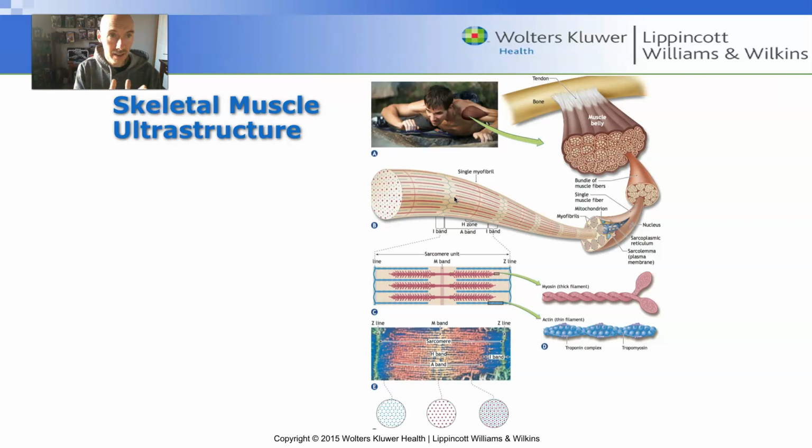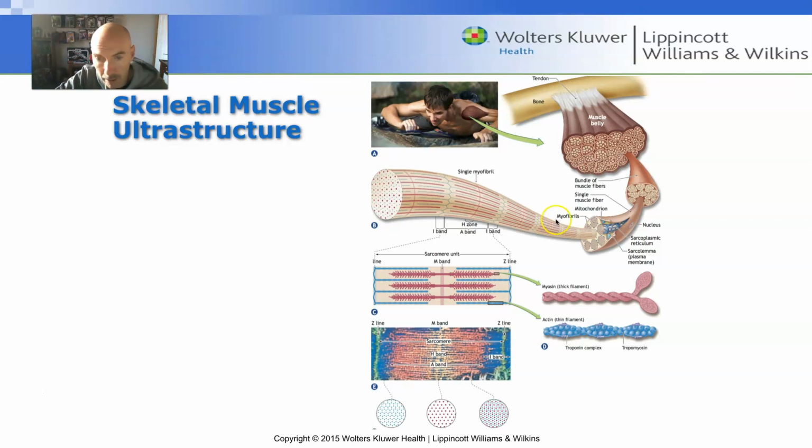So it is these sarcomeres that shorten and lengthen individually, but they also occur collectively as well. So all of these sarcomeres are going to shorten and lengthen at the same time. And when all of them shorten, the muscle, in the case of the bicep, would contract and produce movement. And when they all lengthen or relax, that allows for the extension or the relaxation of the muscle, okay?